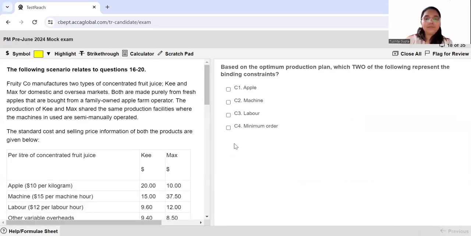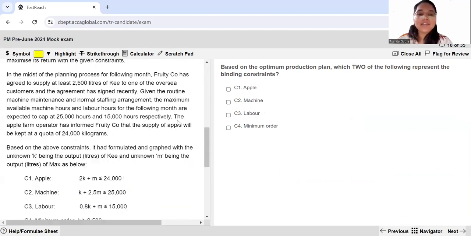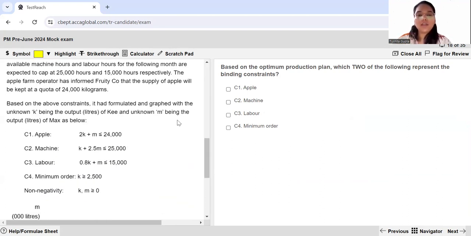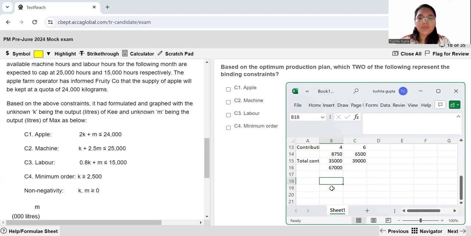Moving ahead, based on the optimum production plan, which two of the following represent the binding constraints? Binding constraints are the ones which are causing you the most problem. So if you see the values that you have gotten, let's see how much each constraint is being utilized.